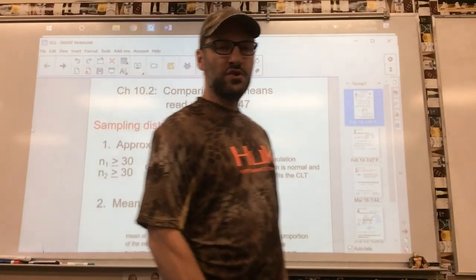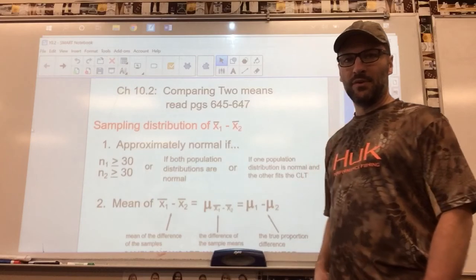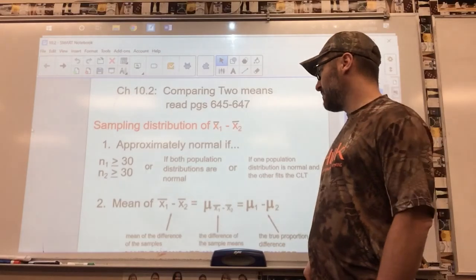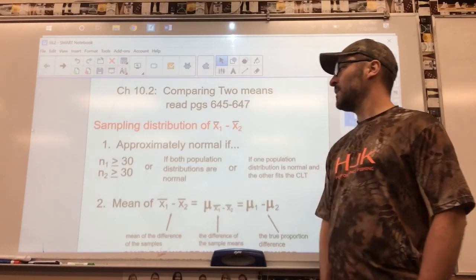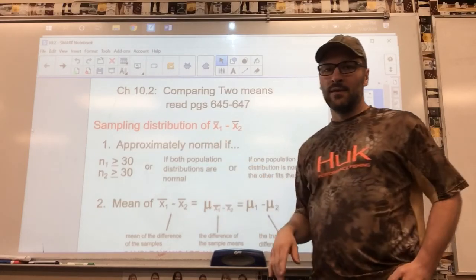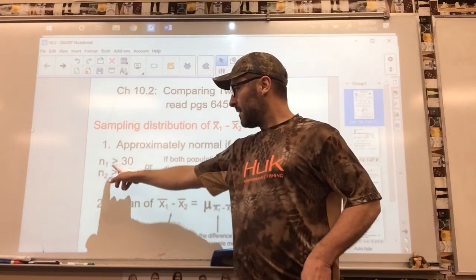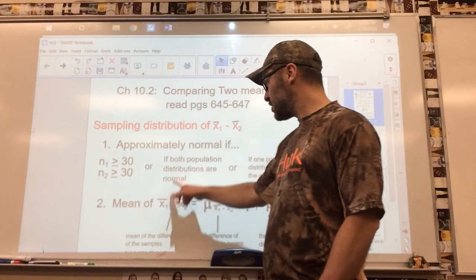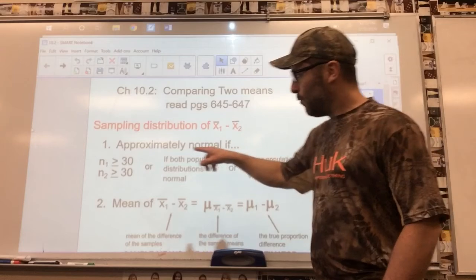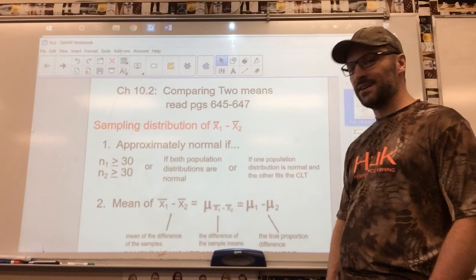Okay, sampling distribution of x bar 1 minus x bar 2, the difference of two sample means. We have some rules about it. Number one, it's approximately normal if, so what they're saying is if you subtract the means, you'll get a normal curve if 1, both samples are greater than or equal to 30, 2, both population distributions are normal, or 3, one population distribution is normal and the other fits the CLT.